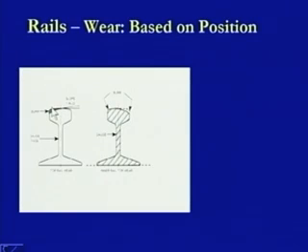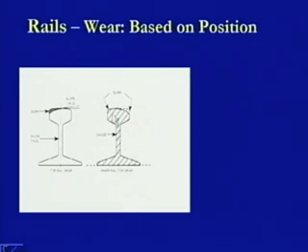As I have just discussed, this is one of the cases where a heavy amount of energy is getting dissipated or created. Then it tries to remove the material, it tries to flow the material from this location, and this is the total amount by which it has got eroded. So, we are left with this section like this. This is the section which will be left at this location. There is a sort of tilting at this one, and this is one type of wear on the basis of position.